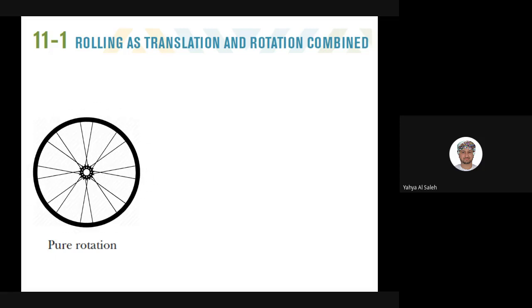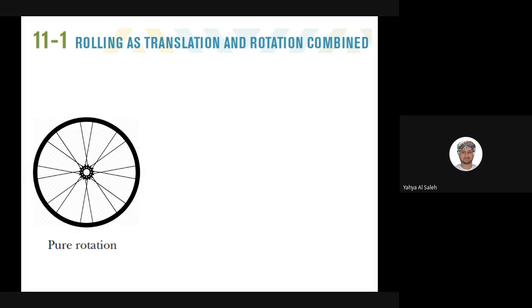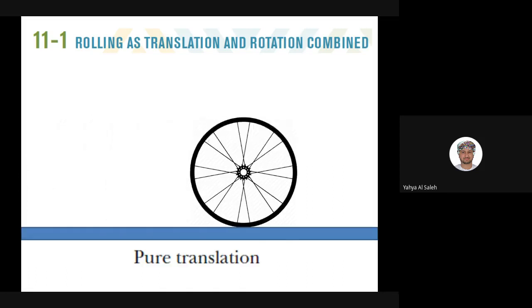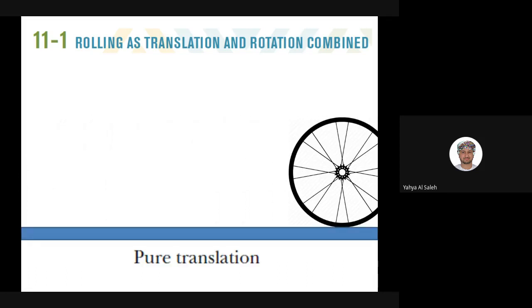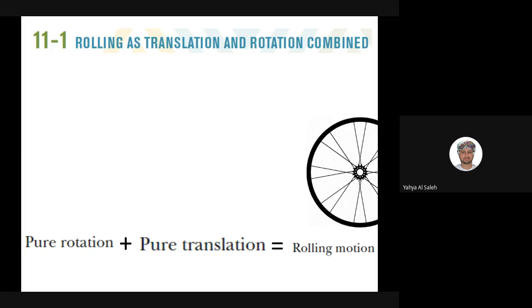Pure rotation, it's moving in its place. Pure translation, moving from A to B but without rotating. The natural progression is, what about this? Like a wheel or a football. It's rotating and it's going from point A to point B at the same time. How do we deal with this motion?